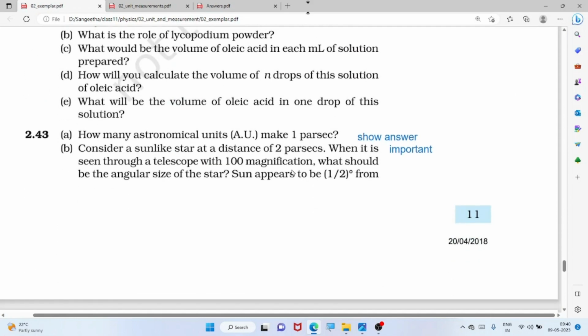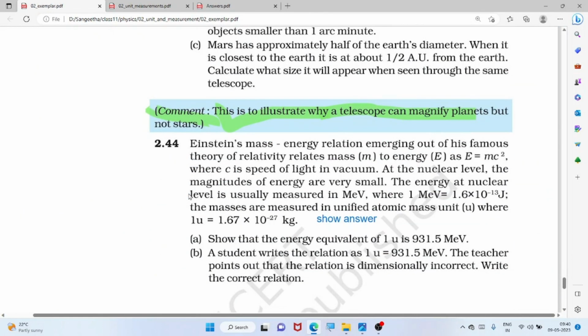The important thing here is these various units, which are the new units, the astronomical unit, parsec, arcsec, those things I already mentioned. So here this is important. This is to illustrate why a telescope can magnify the planets, not the stars. Okay.